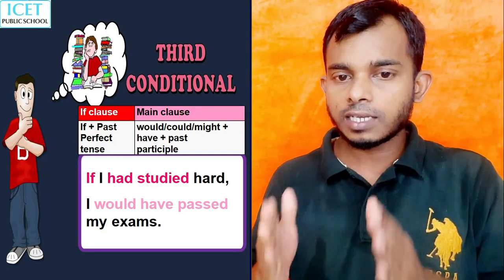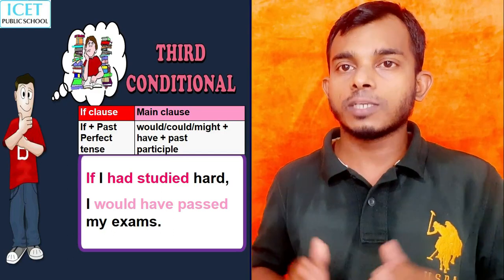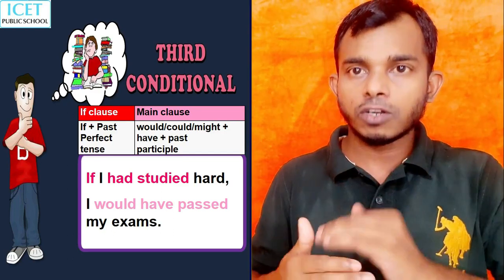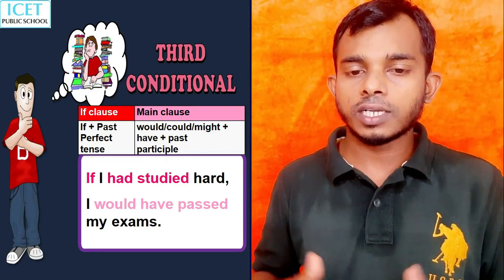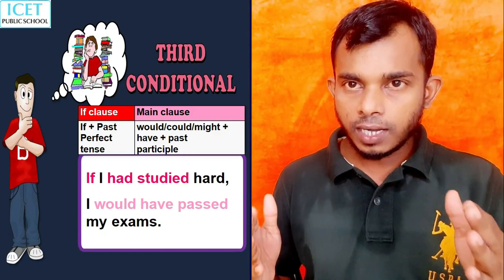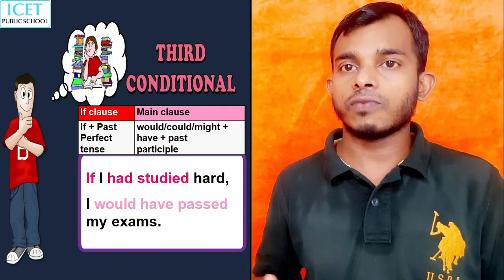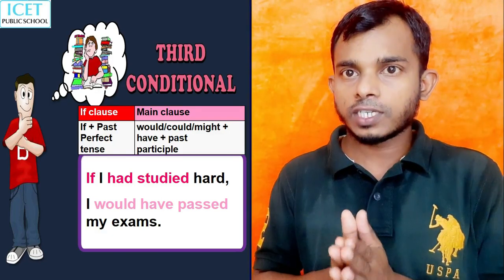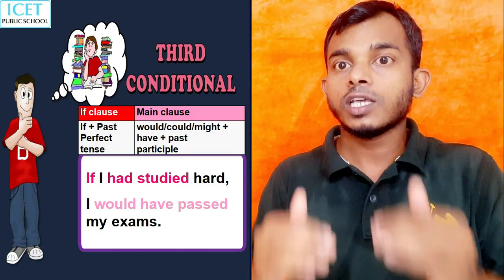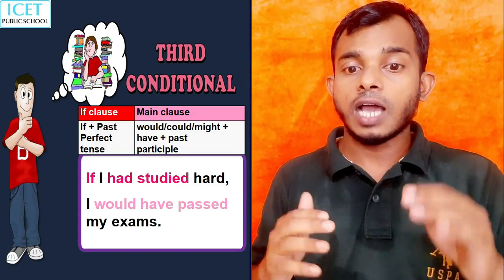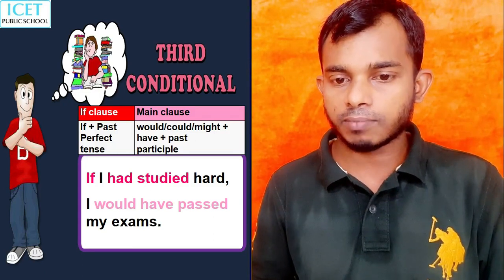I had studied is past perfect tense, and the main clause is written in future perfect tense with a past auxiliary: I would have passed my exams. If I had studied well, I would have passed my exams.